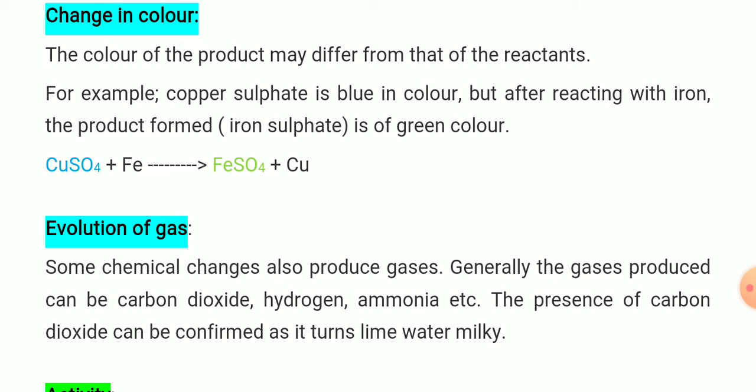For example, copper sulfate, which is blue in color, after reacting with iron, Fe, forms the product iron sulfate, FeSO4, which is green in color. So the reaction is CuSO4, which is blue, when reacted with Fe, forms ferrous sulfate FeSO4, which is green, plus copper. In this reaction, the color change is blue to green.